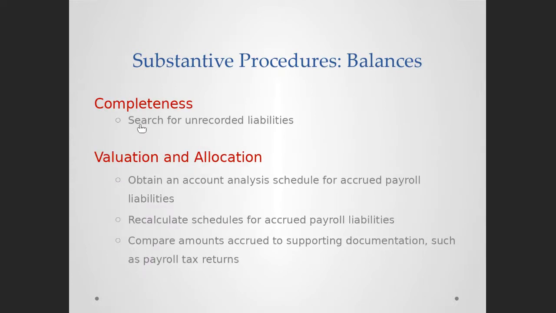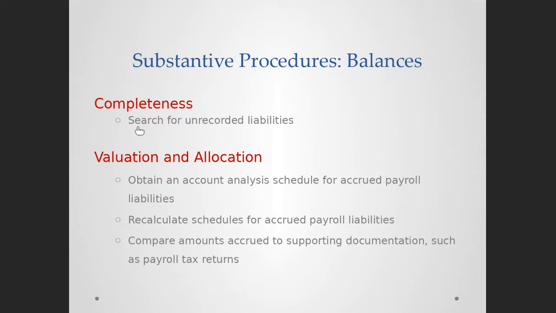Then we go to completeness, where we search for unrecorded liabilities. Some payables may not be recorded, especially the retirement payables. Where do we find this information? We go to the employee contracts.